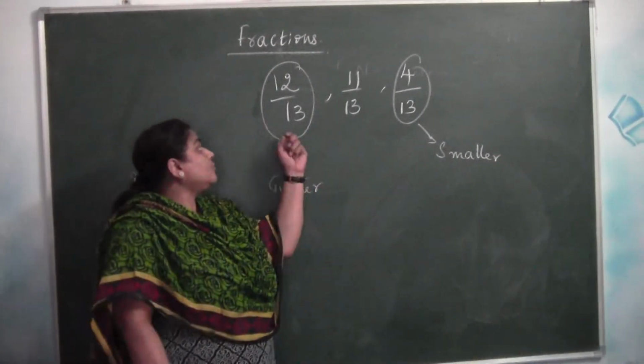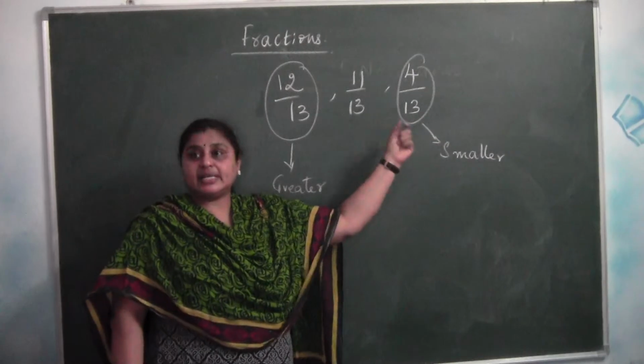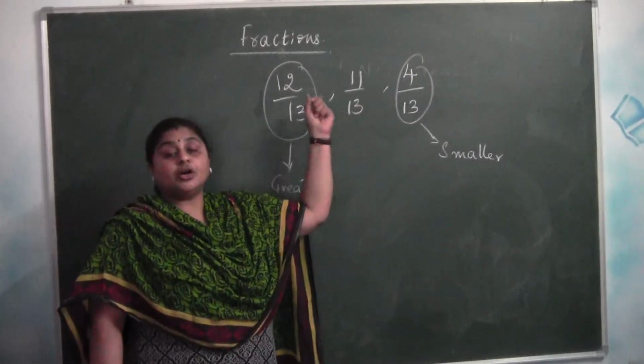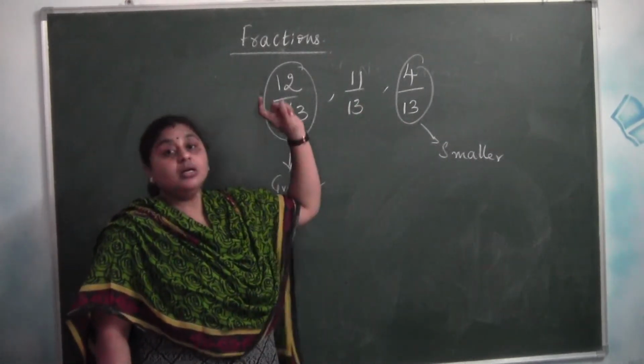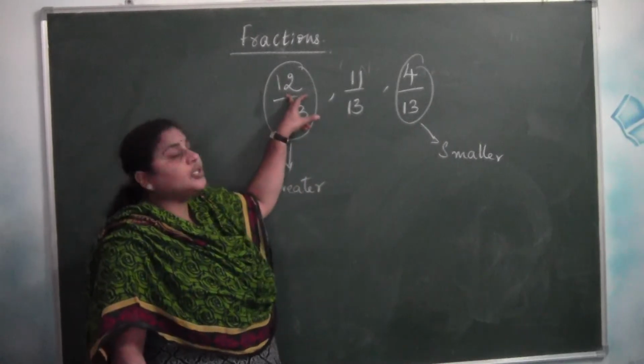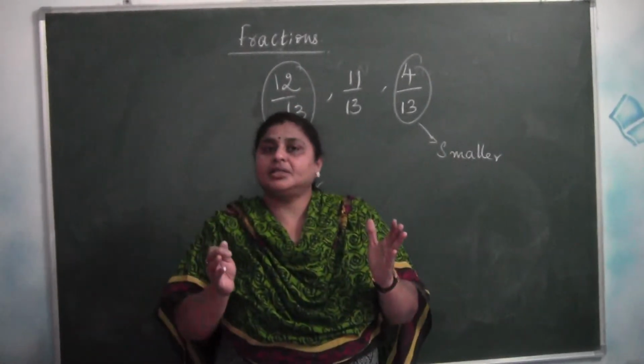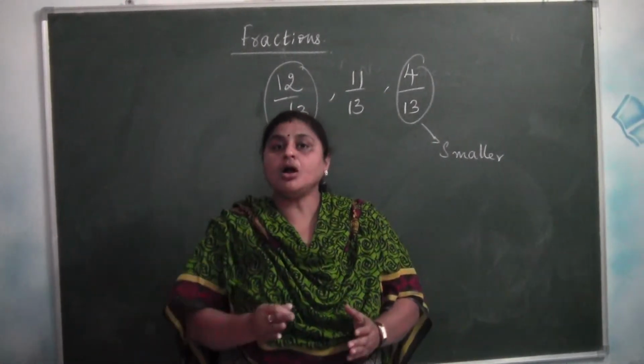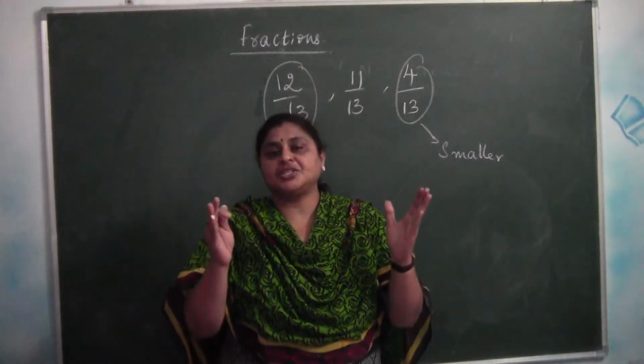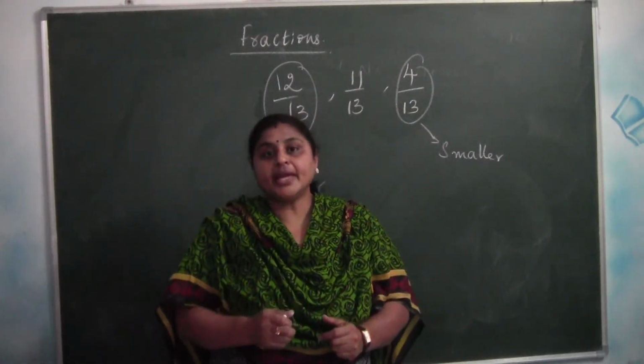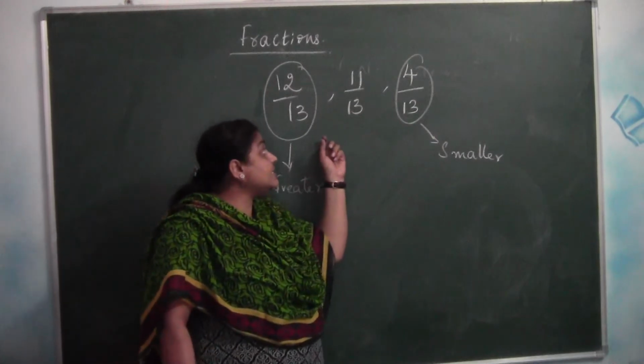Got it, children? So when the denominators are the same, what are you going to do? You are going to compare the numerators. The bigger the numerator, the greater the fraction. The smaller the numerator, the smaller the fraction.